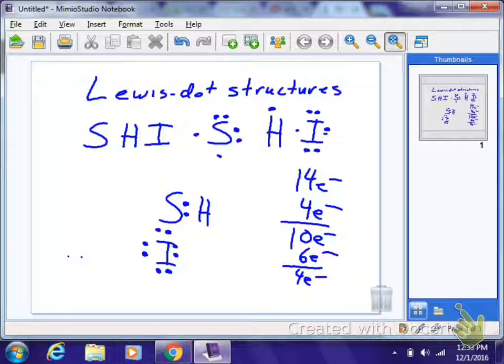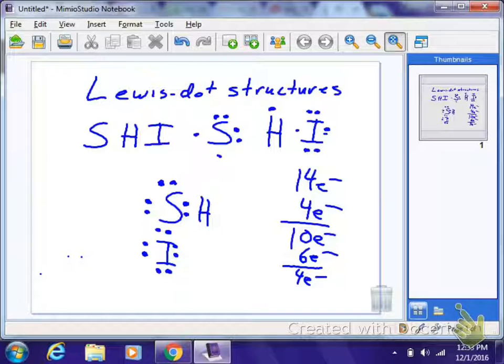Number 5 also says if any electrons remain left over, we have 4 of them, after supplying octets, complete an octet around the central atom if you can. So we got 4 electrons or 2 pairs, we're going to put it around the central atom. Okay.